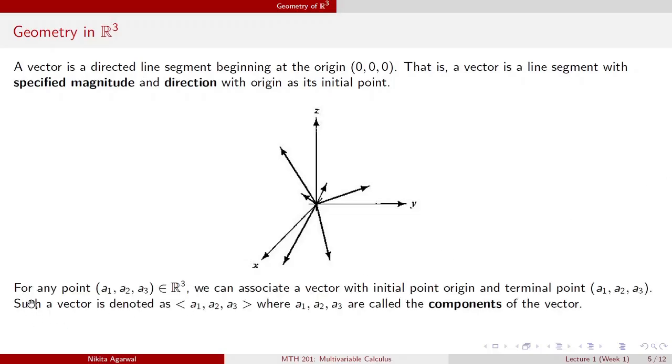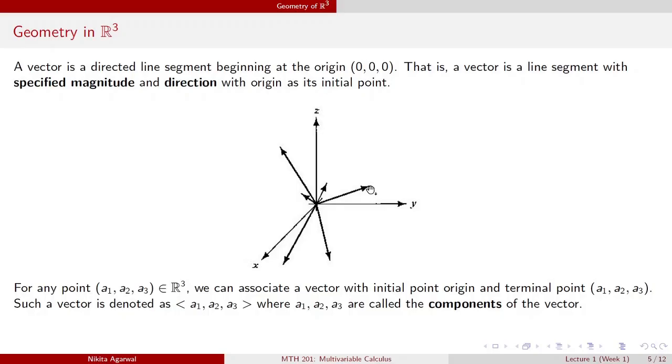So if you take any point a1, a2, a3 in R3, we can associate a vector whose initial point is the origin and terminal point is a1, a2, a3. Let me explain what I am trying to say here. Initial point means where it starts, and terminal point is where the head ends.